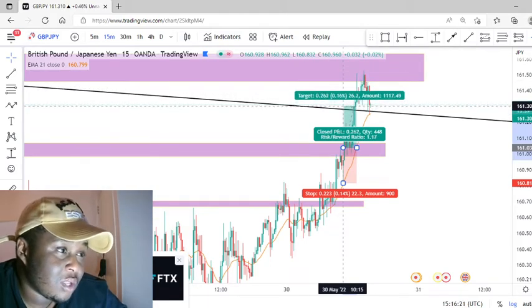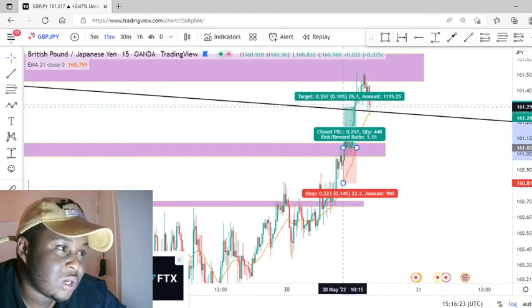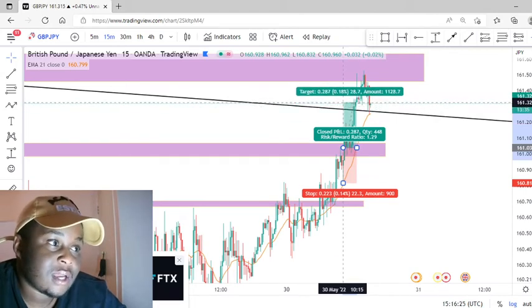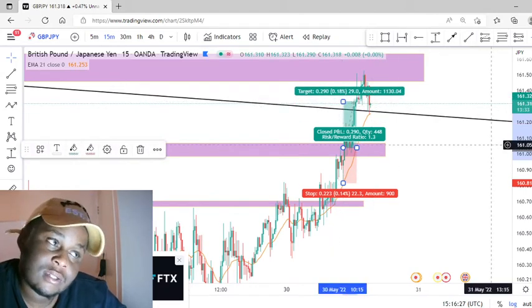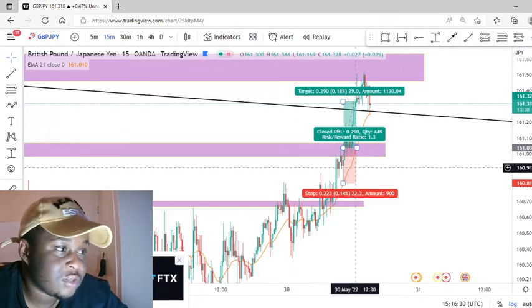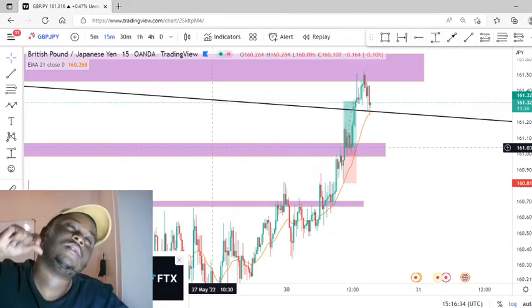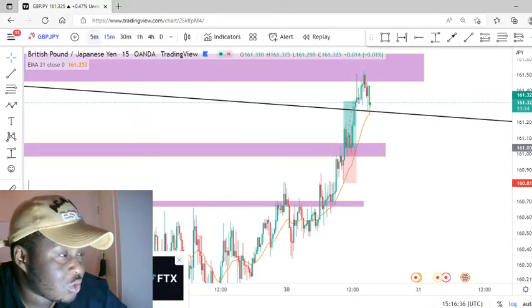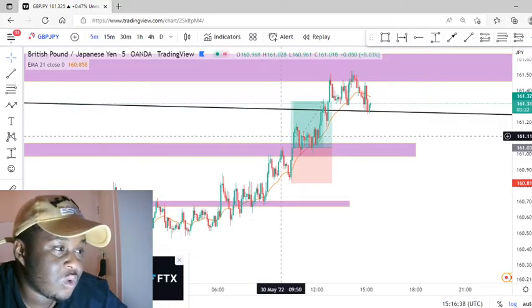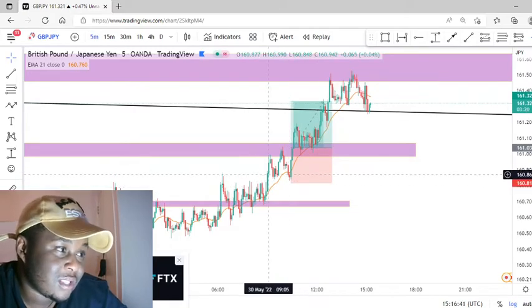I got a 1 to 3 because it was at a resistance too, and I was looking at it sideways, wondering if I was really gonna sit in for this, because my stop loss was all the way down there. That's why my risk to reward ratio was off.